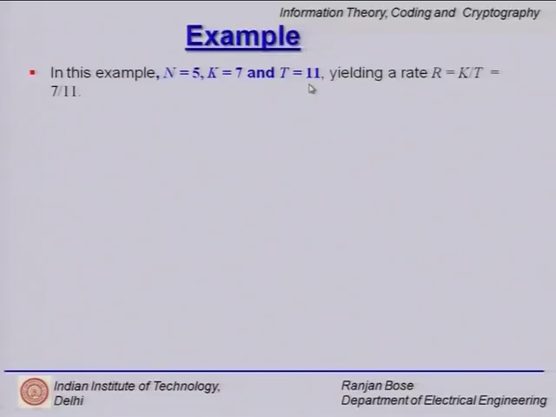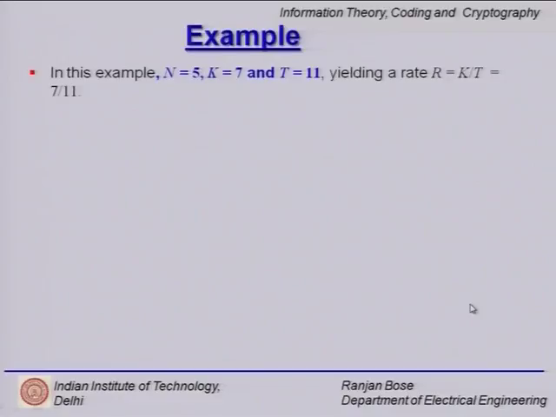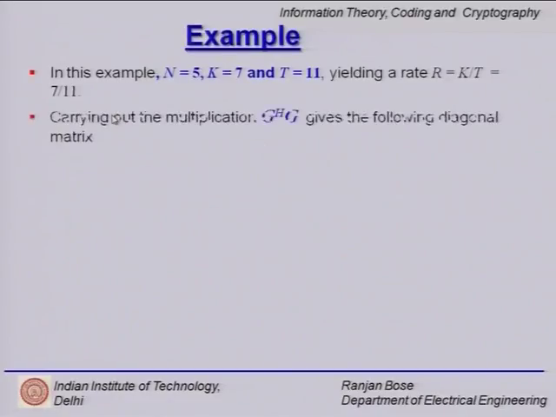So T is equal to 11, n is equal to 5, and if you observe carefully we have x1 through x7 only. So k is equal to 7. So 7 symbols are being transmitted using 11 time slots. So rate is obviously 7/11.